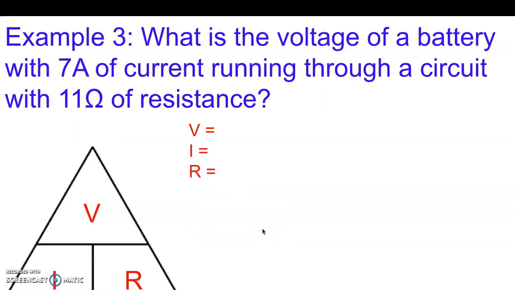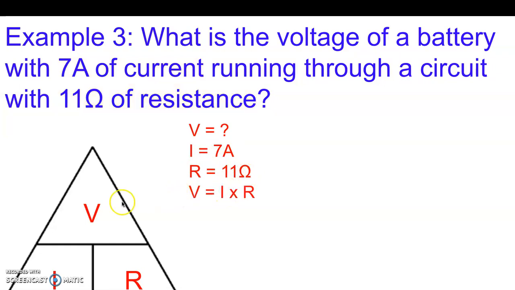Okay, last example. What is the voltage of a battery with 7 amps of current running through a circuit with 11 ohms of resistance? What is the voltage? That's our unknown. Current is 7 amps. The resistance is 11 ohms.